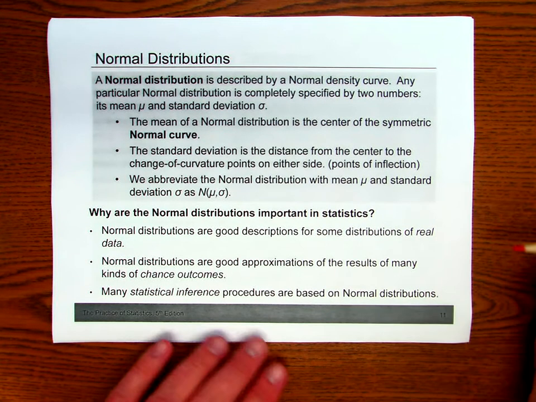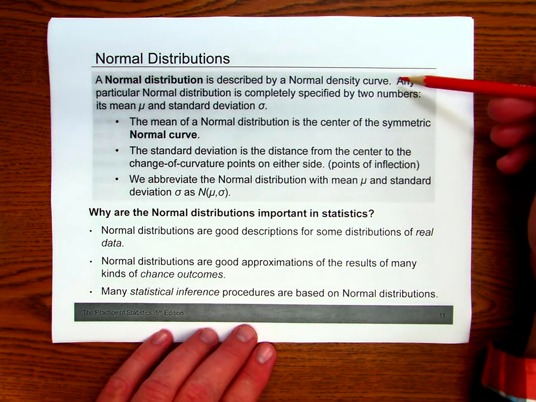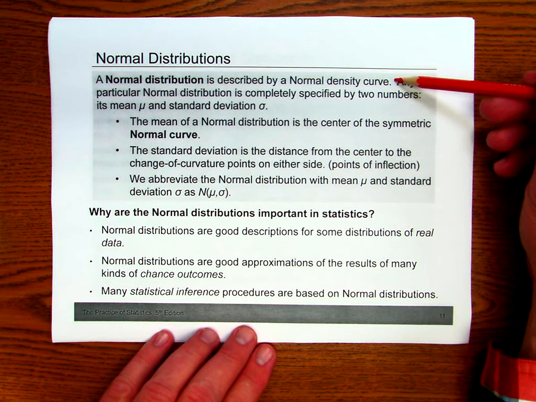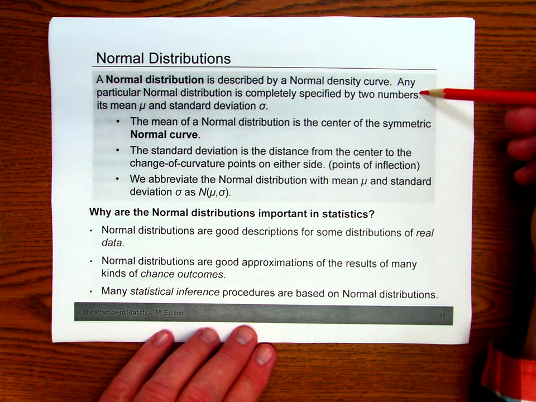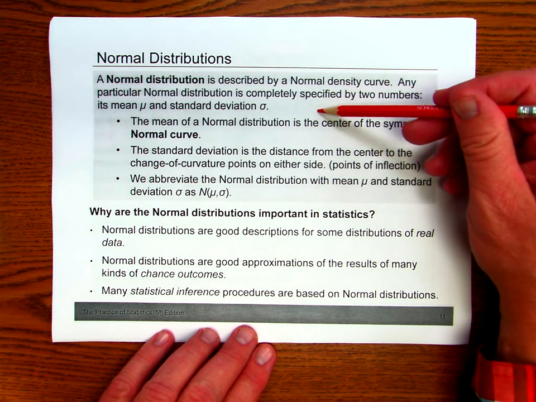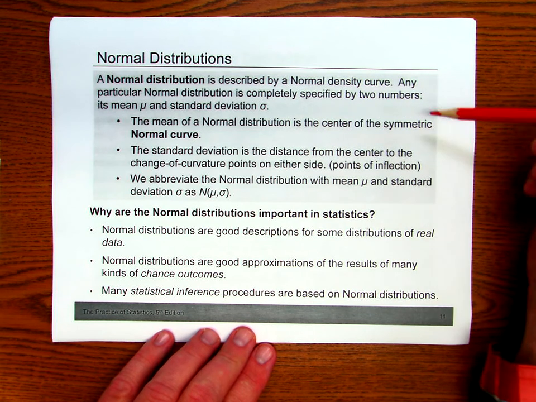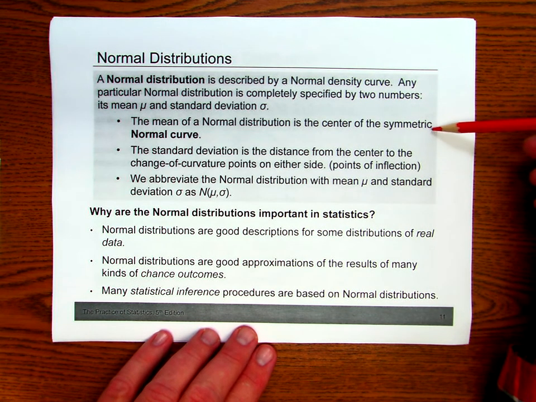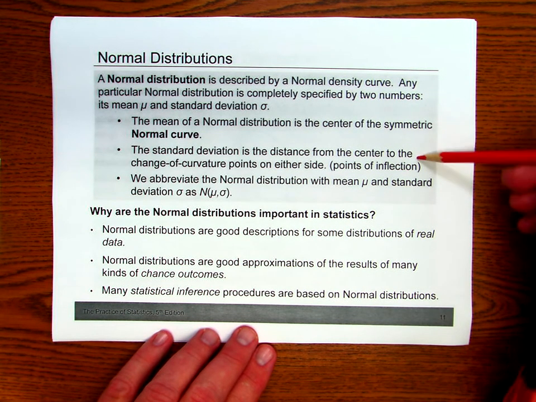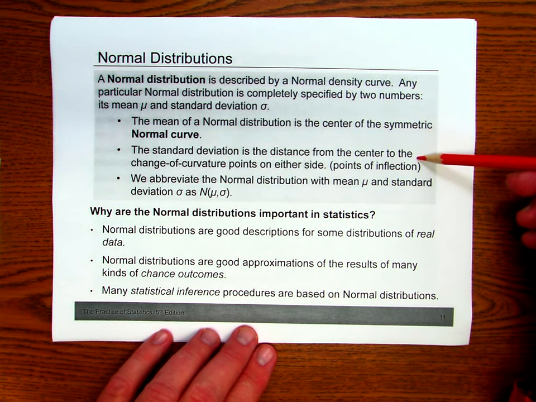Okay, a normal distribution is described by a normal density curve. Any particular normal distribution is completely specified by two numbers, its mean and its standard deviation. The mean of a normal distribution is the center of the symmetric normal curve. The standard deviation is the distance from the center to the change of curvature points on either side, meaning the points of inflection.